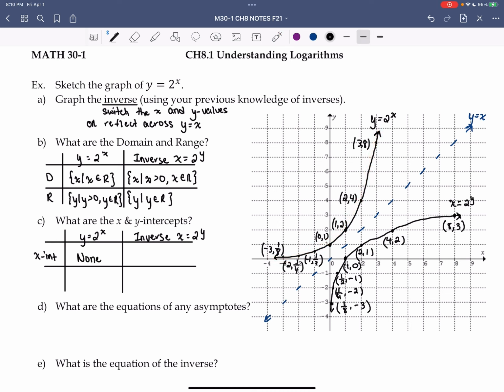So none. The y-intercept for y equals 2 to the power of x is when y equals 1, or the point 0, 1. Looking at the inverse function, the x-intercept, we have an x-intercept this time. It is when x equals 1, so the point 1, 0.